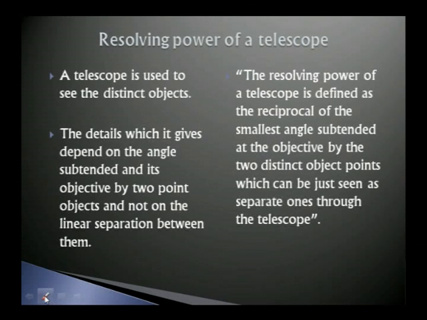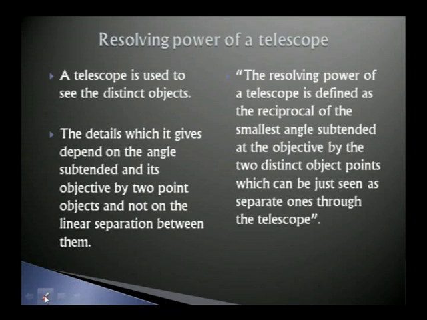Now let us come to the resolving power of a telescope. If you can recollect, I told you about this telescope also. Here tele means far away, scope is an instrument. So the telescope is an instrument used to see the far away object, that is the distant object.